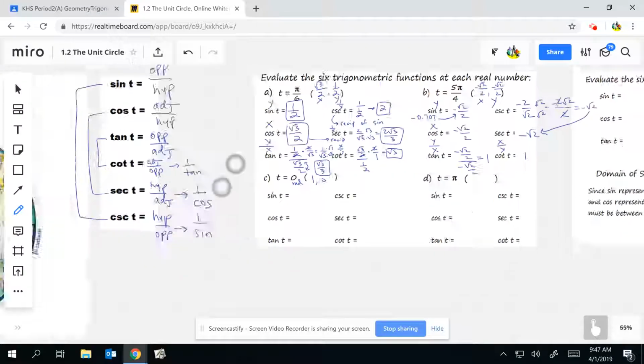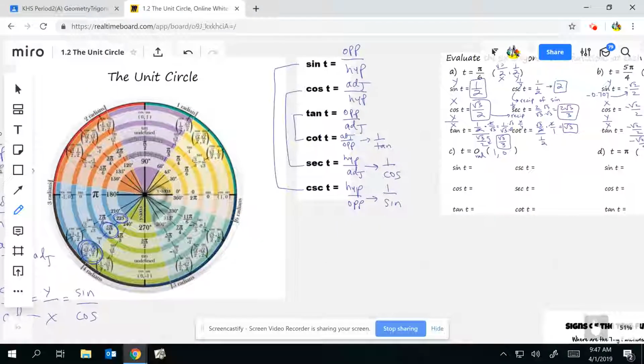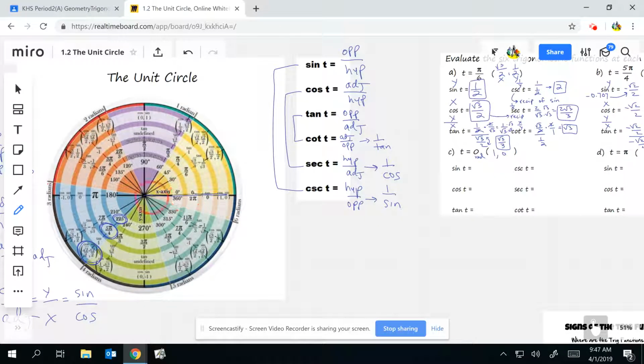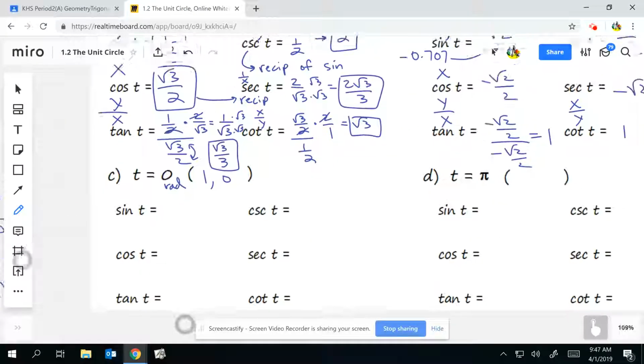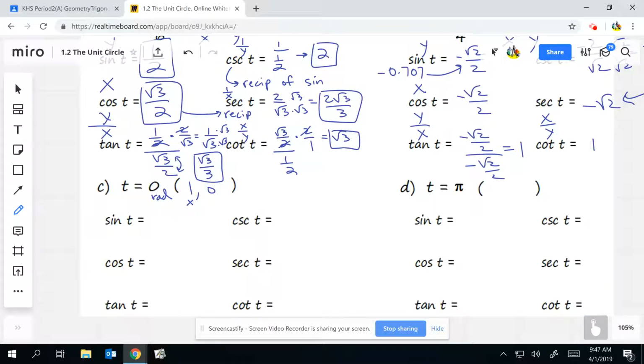At 0 radians on your unit circle, when you're right here at 0, your coordinate is the point 1, 0. So your x value is 1, your y value is 0. We know sine is our y value, so that's a 0. We know cosine is our x value, so that's a 1.